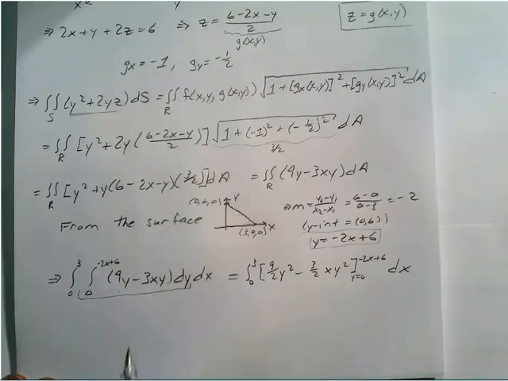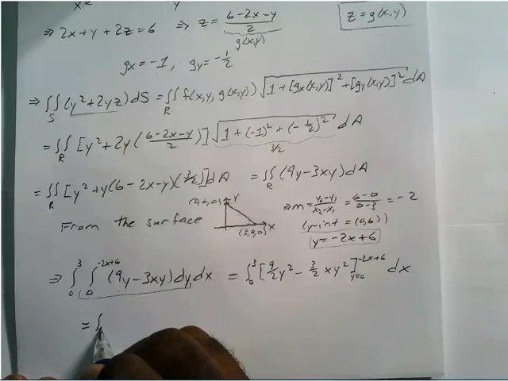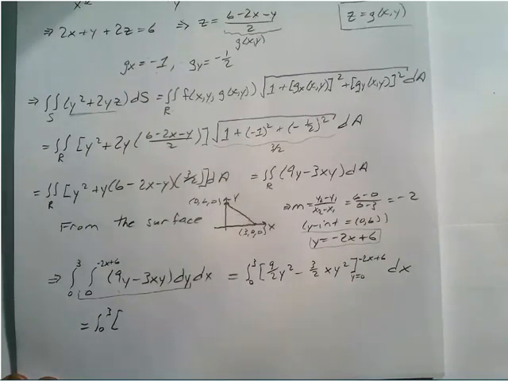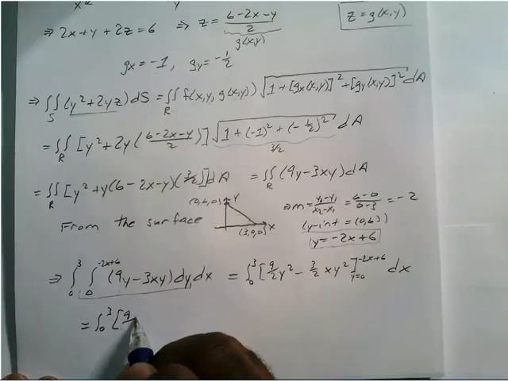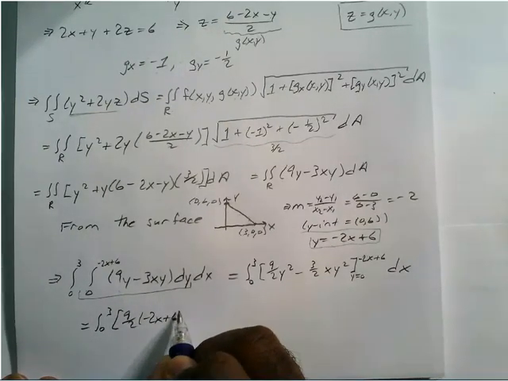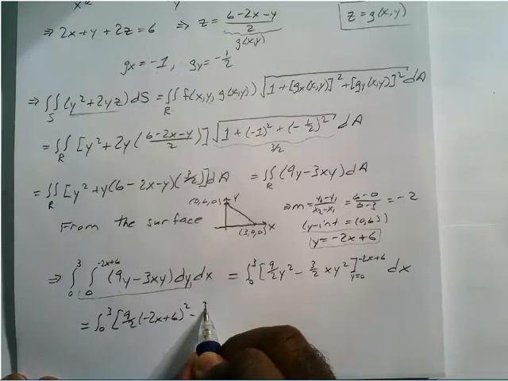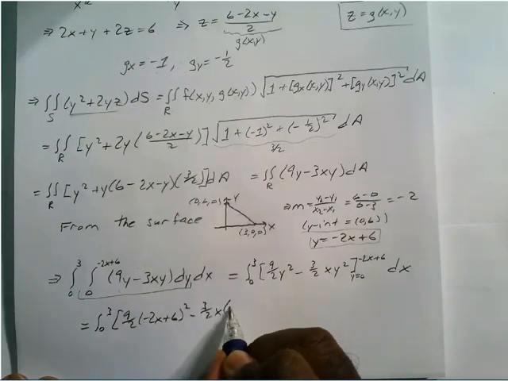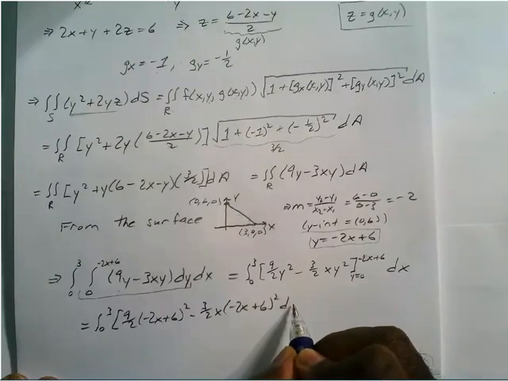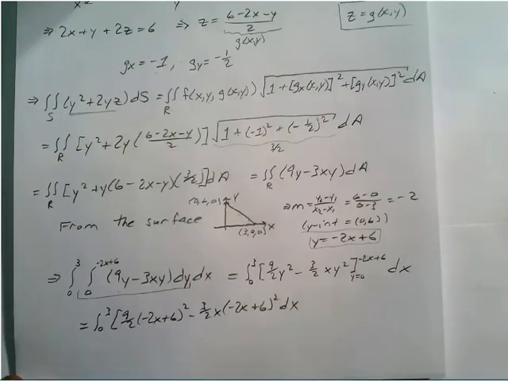So that's equal to the integral from 0 to 3. Of course, plugging in y equals 0 is just going to be 0, so really we just have to do the top one. So we have 9 over 2 times negative 2x plus 6 squared minus 3 over 2x times negative 2x plus 6 squared with respect to x.